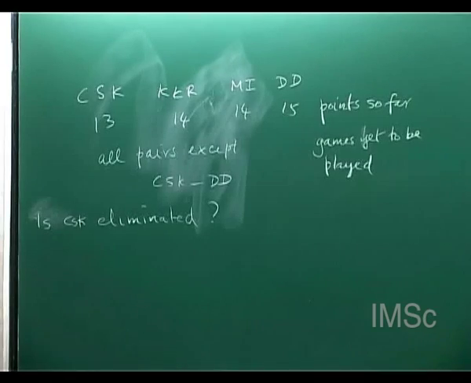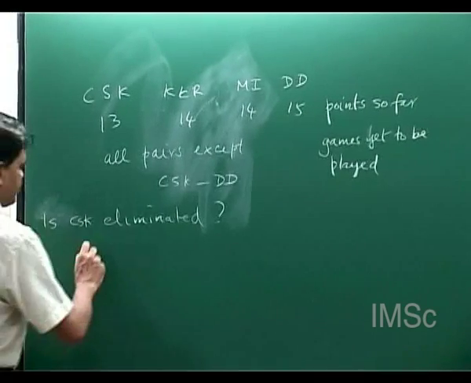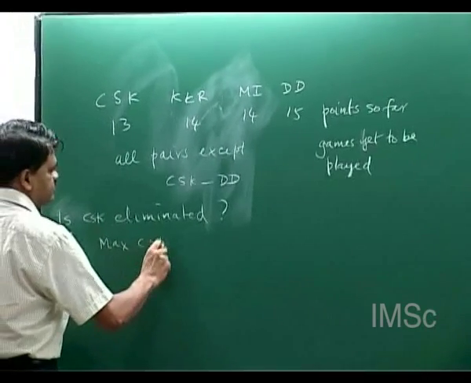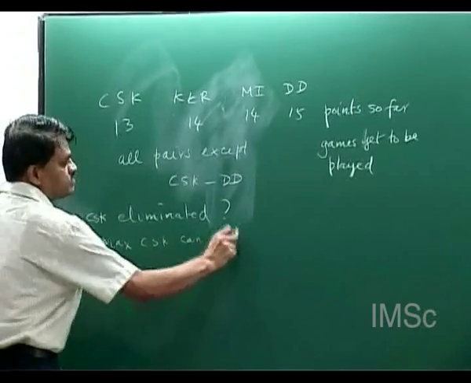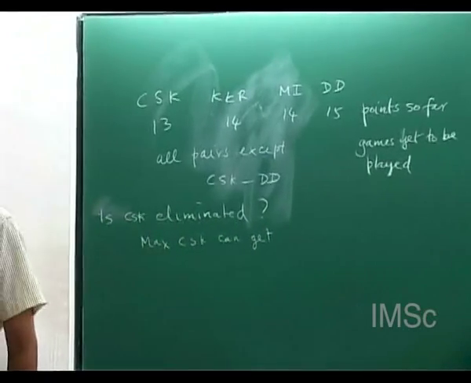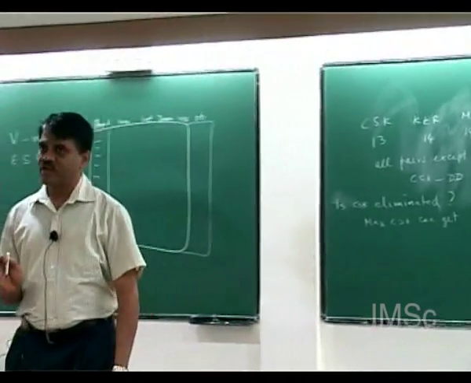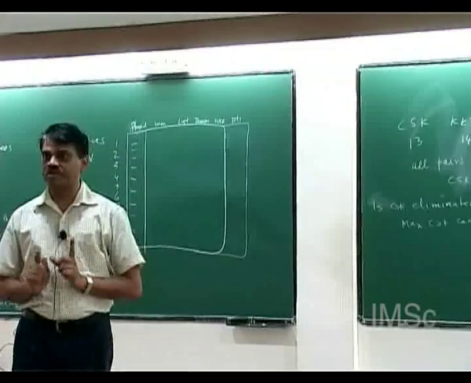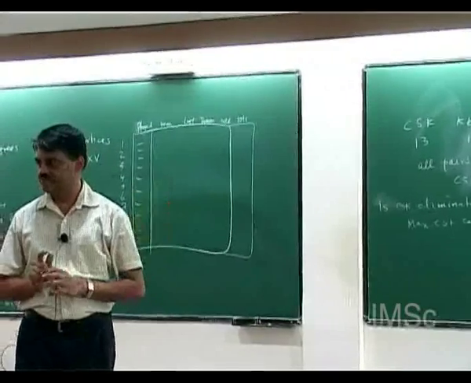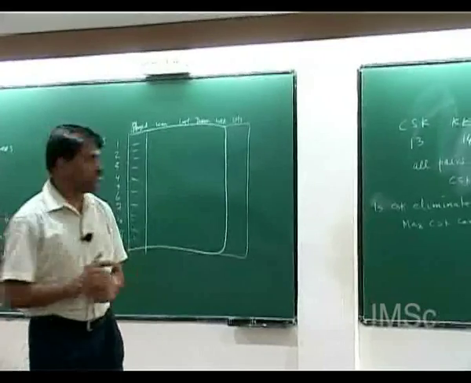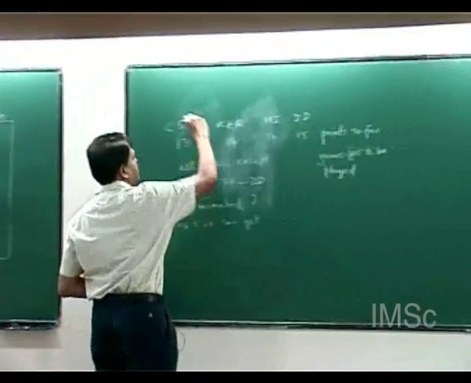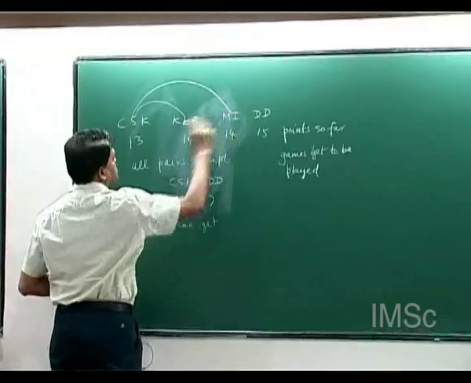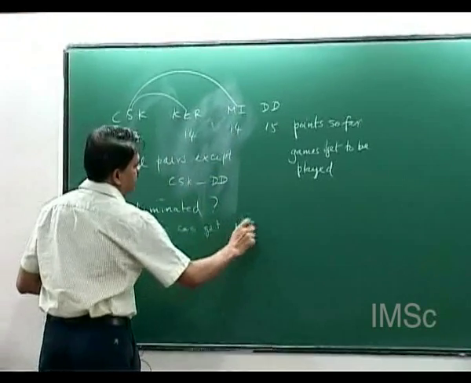What is the maximum CSK can get? 20. There is only one match between every pair left, except CSK Delhi. 15 is what it can get, because it is going to play a match with KKR and Mumbai Indians, and if it wins both, it can get 15.